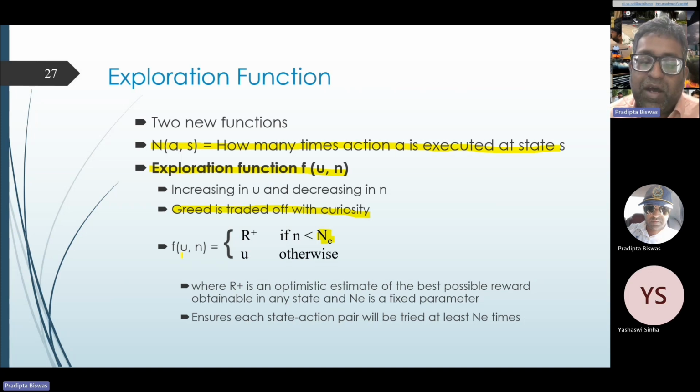Something similar here: if the system finds that you are coming to the same state multiple times, it will put a threshold on your action. It will tell you not to take the same action, even though you believe this action is taking you to your goal state. Rather, take an alternative action. So this ensures that each state-action pair will be tried at least Ne times, where Ne is our threshold. After that, it will encourage exploring something new.